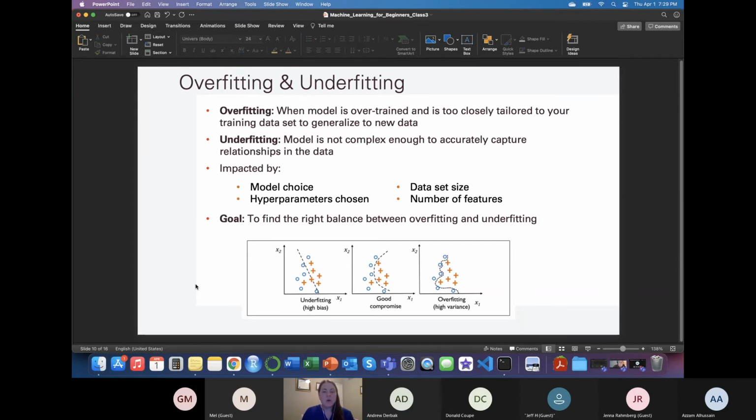All right, so one of the big things that you're trying to manage when you're doing hyperparameter tuning is overfitting and underfitting. Overfitting is when a model is overtrained or too closely matched to your training data set.